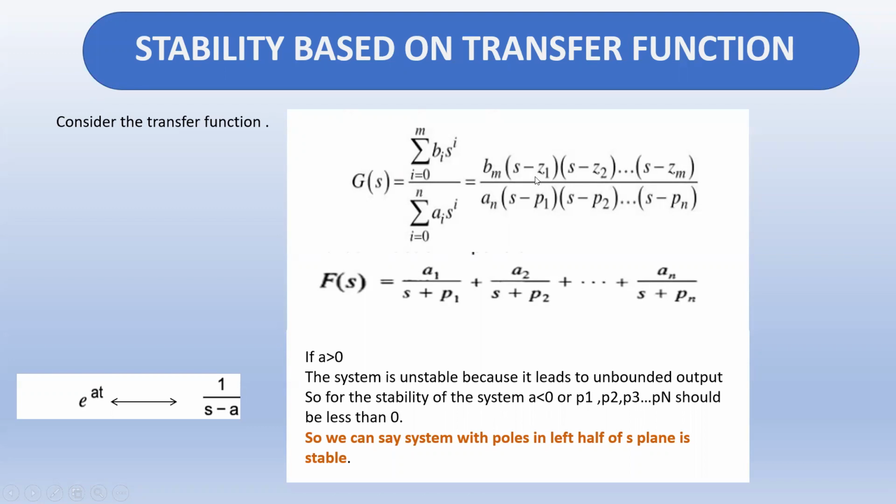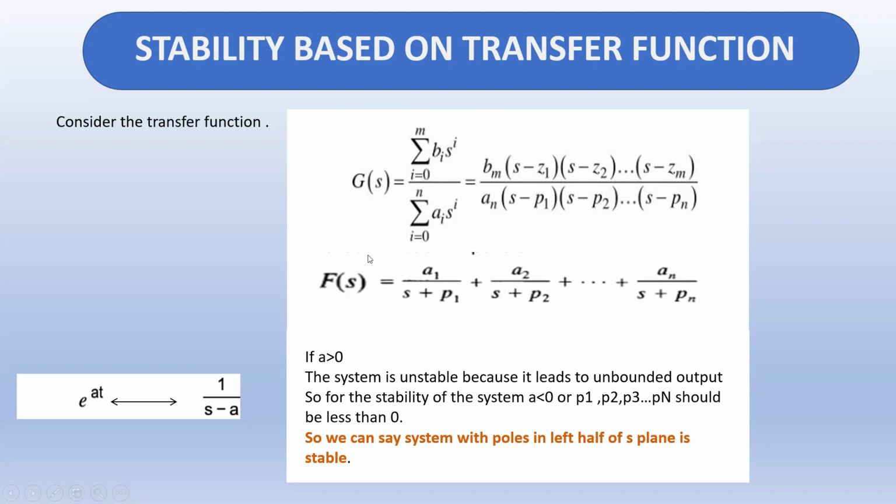If we apply the partial fraction technique to find the output for a given input, remember that the transfer function is nothing but C(s) over R(s), the ratio of output to input. So the transfer function is directly proportional to the output C(s) of the system.